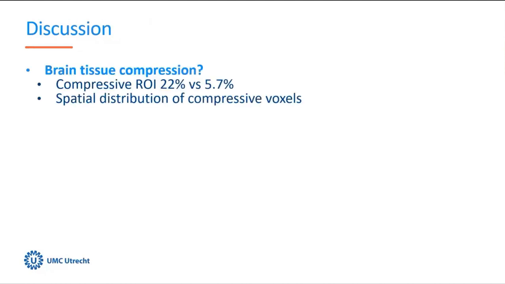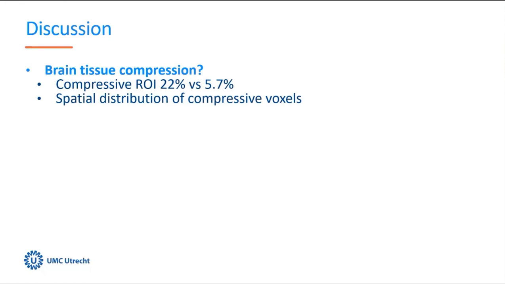However, to look at the question we asked, is there tissue compression during the systolic phase? I want to mention that there's a difference between the compressive ROI in the count map and in the clustering map, because the largest part of the behavior in this cardiac compressive curve is in the count map.